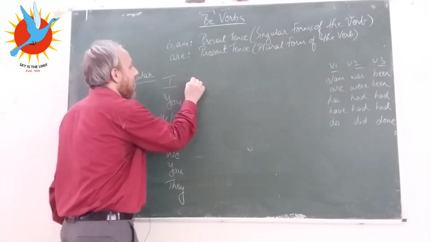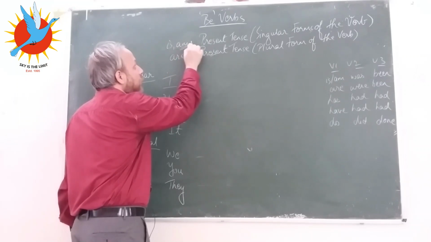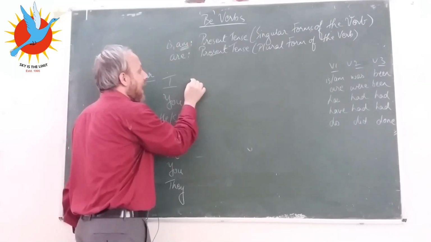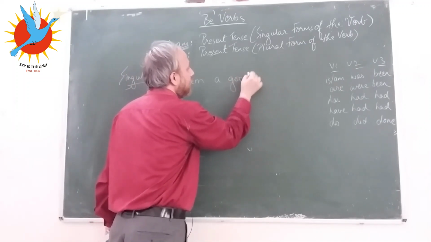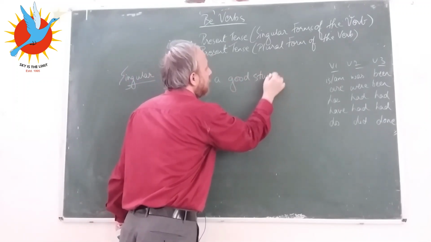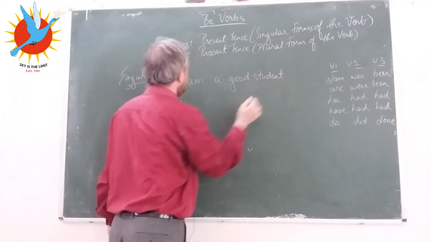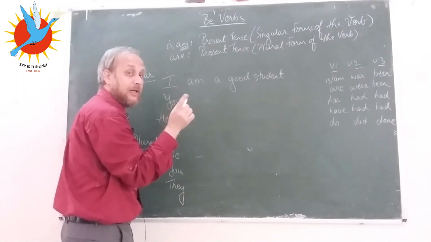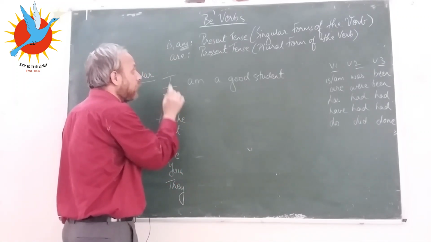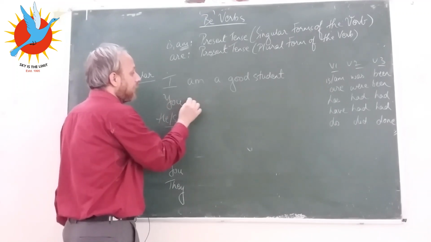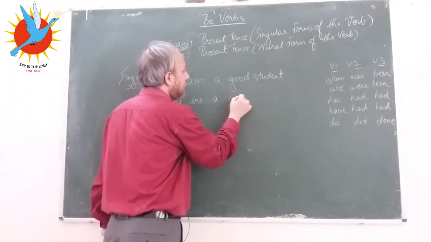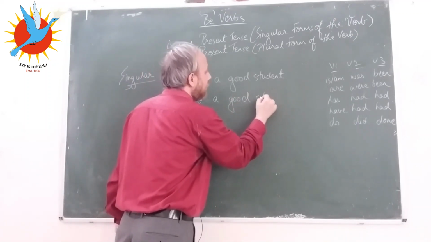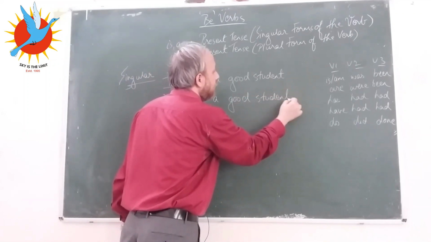Let's say I. With I you have to use am. I am a good student. With the singular subject pronoun you, you will use are. You are a good student.